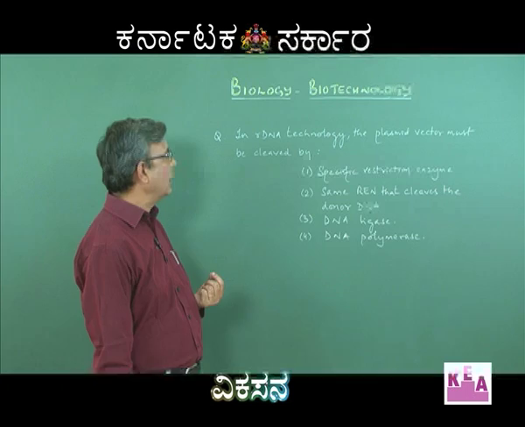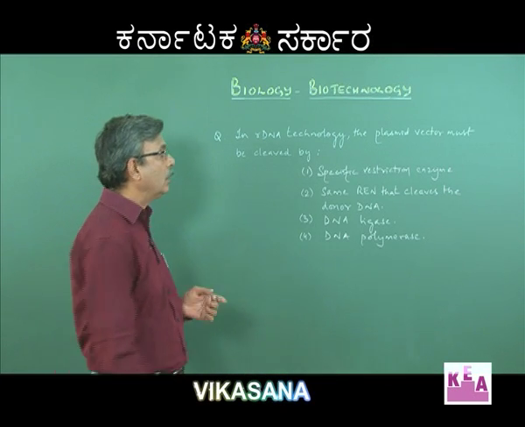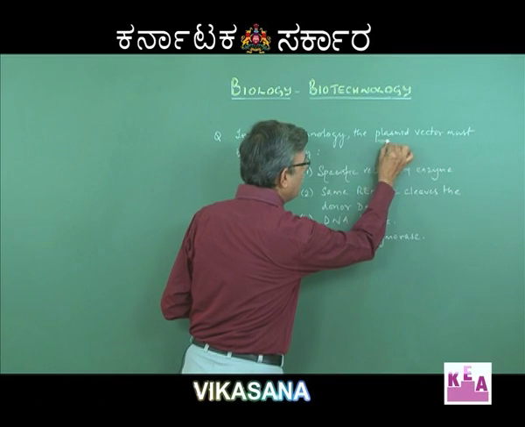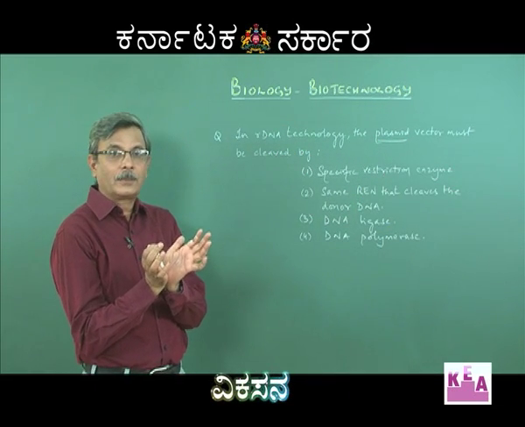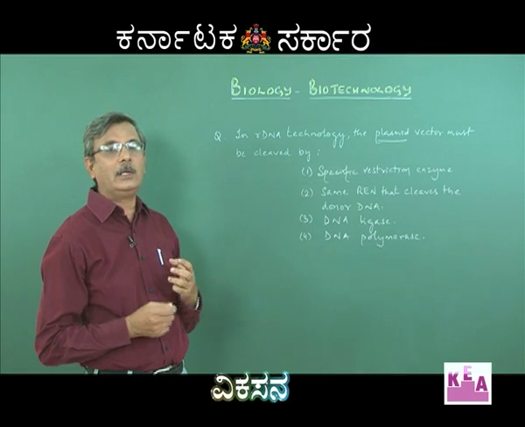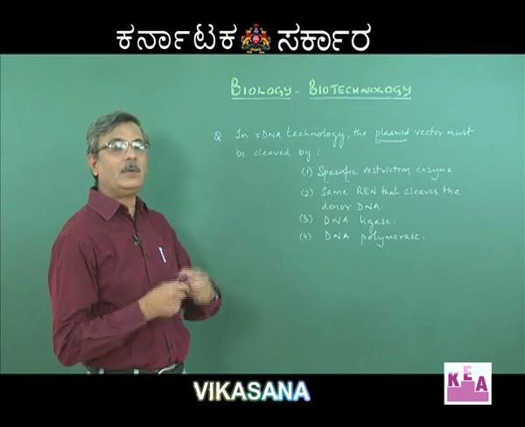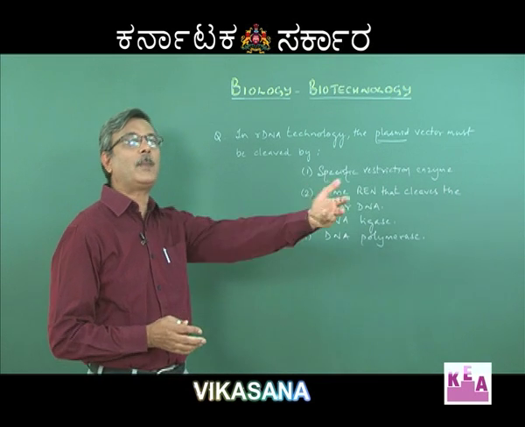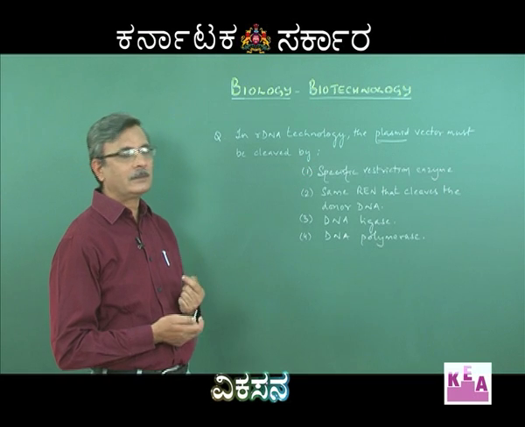discuss this. Recombinant DNA technology, plasmid vector must be cleaved by. We all know that plasmid is used as a cloning vehicle. We have to open it and we have to put the foreign DNA piece, alien DNA, and then we attach them to get a recombinant DNA and we pass it on to the organism, that is the bacterial cell.